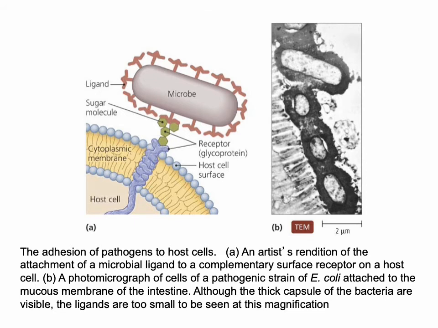So the E. coli cell actually doesn't interact with the intestinal cell, which is on the bottom left of the picture. Rather, the interaction is mediated by that layer of capsule. So the capsule is mighty sticky, allowing it to stick to the epithelial cell of the intestine.